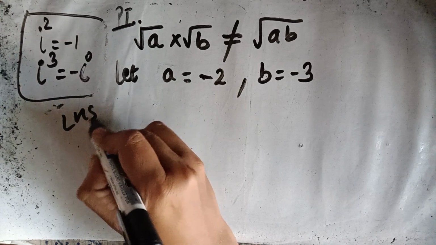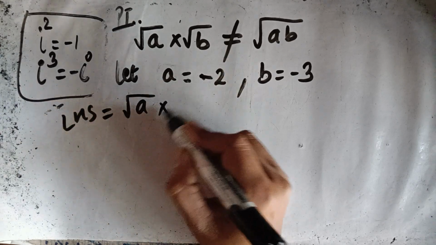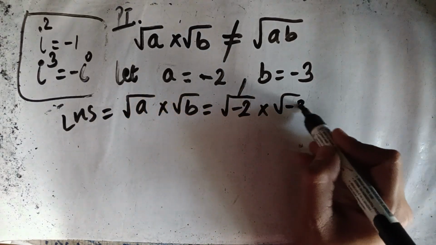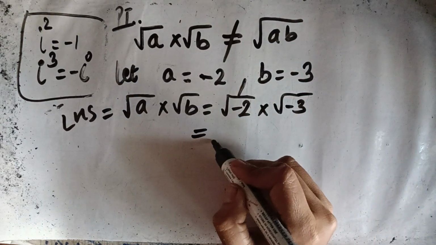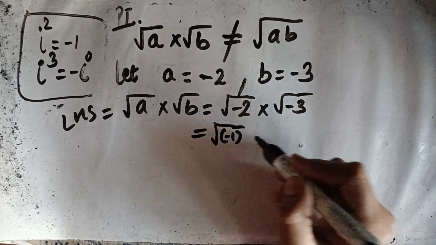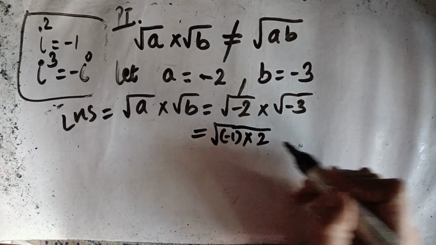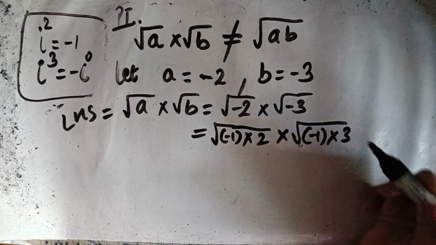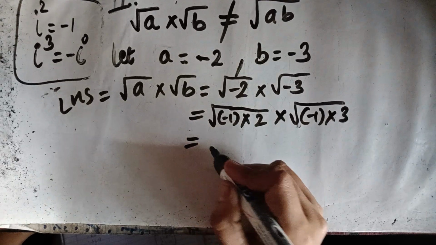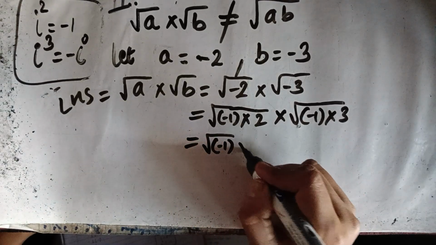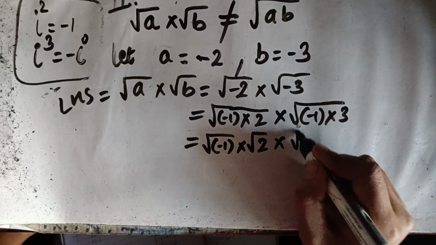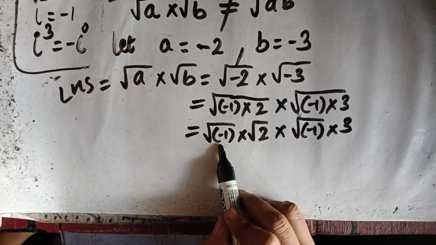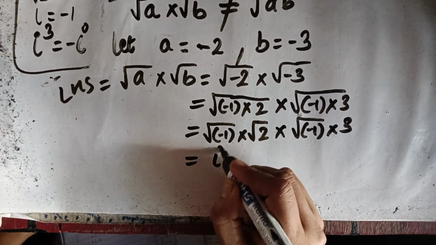So starting with LHS, root a into root b. So root of minus 2 into root of minus 3. Root of minus 2, I can write as root of minus 1 into 2, into root of minus 1 into 3. Further, we can write this as root of minus 1 into root of 2, into root of minus 1 into root of 3. Now, root of minus 1 is nothing but i, right?